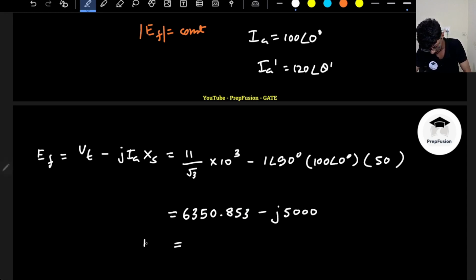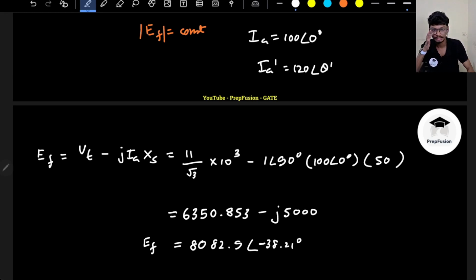So my EF will be the square root of 5000 squared plus 6350.853 squared. I made a mistake earlier, but this is right. That is 8082.9 with an angle. What is the angle? Delta is negative, tan inverse of 5000 over 6350.85, so it will be minus 38.21. So this was the initial torque angle.